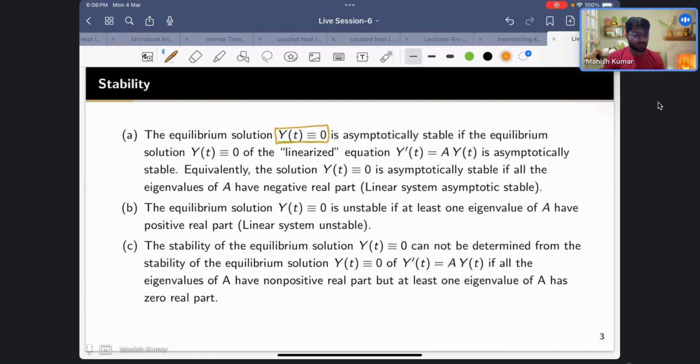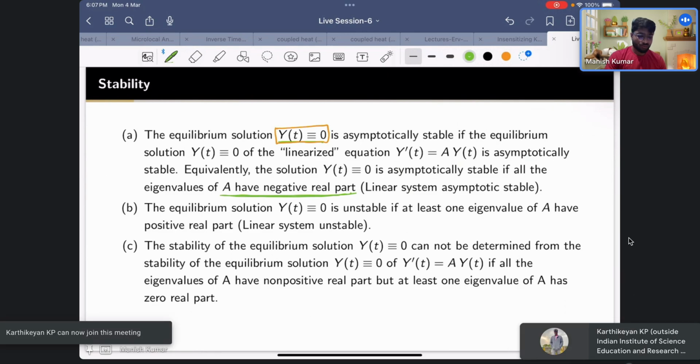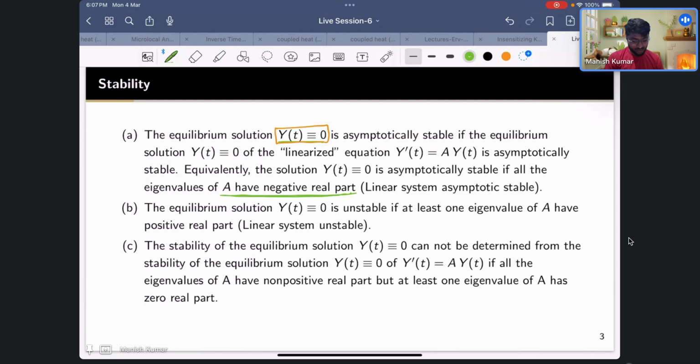The nonlinear system is asymptotically stable if it is asymptotically stable for the linear system, or equivalently, if the eigenvalues of A have negative real part. This is an equivalent criterion for asymptotic stability. I'm just recalling it because we'll see this here as well, along with some problems related to these things.